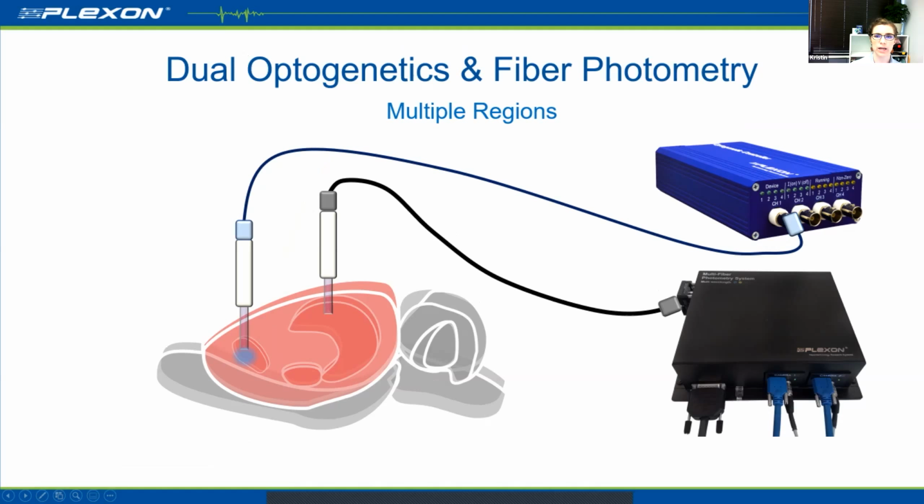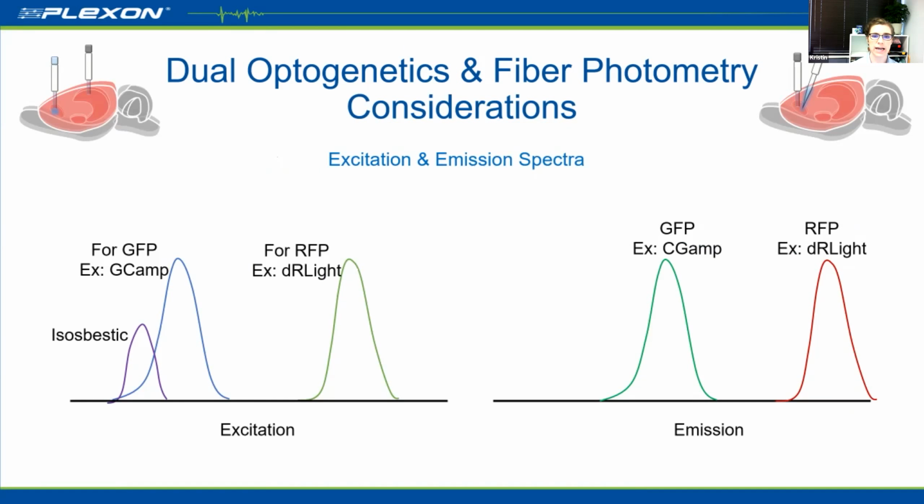Now, no matter if you're doing vibrophotometry and optogenetics with tandem systems or with a combined system, there are three main considerations that you should think about when doing these techniques together. And the first is the excitation and emission spectrum. So here I'm just showing generalized excitation and emission spectrums for a green fluorescent indicator like GCamp, and then a red fluorescent indicator like a red-shifted dopamine indicator like Neurolight.